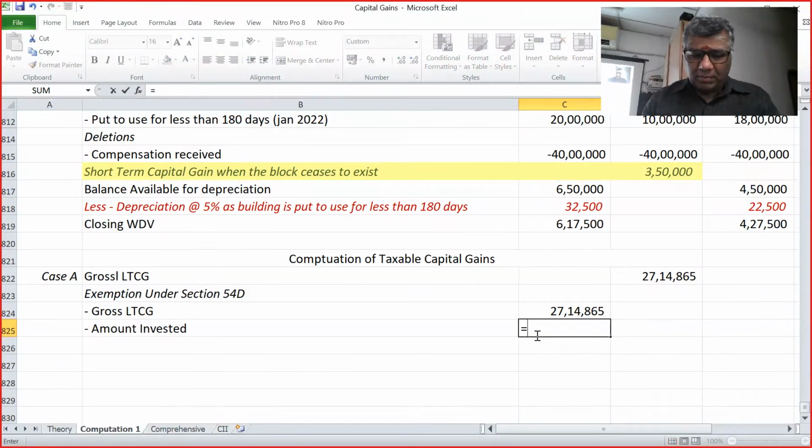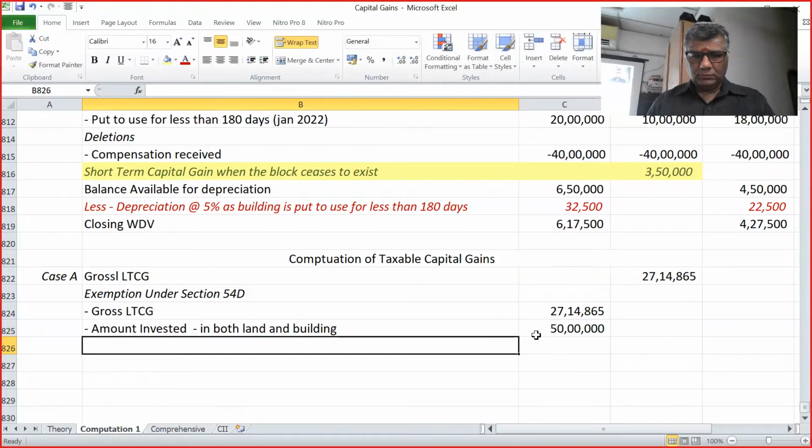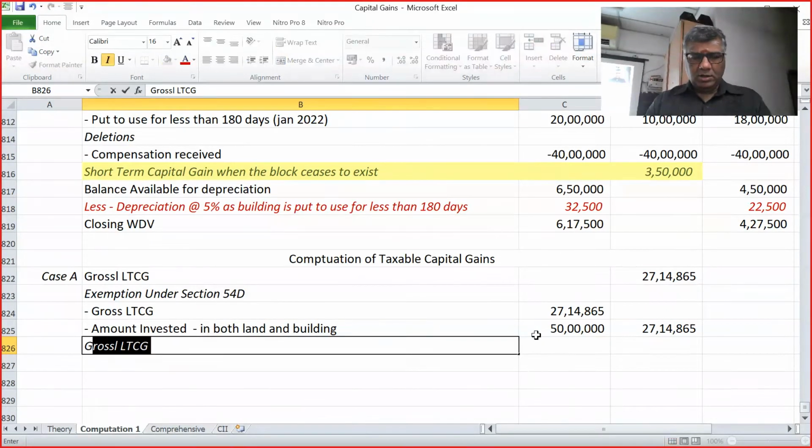Here it will be 50 lakhs. So whichever is less, in case A, taxable LTCG is nil.